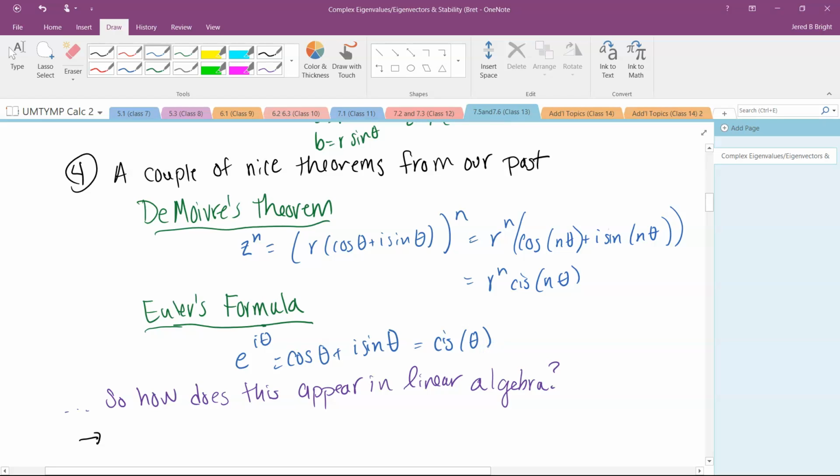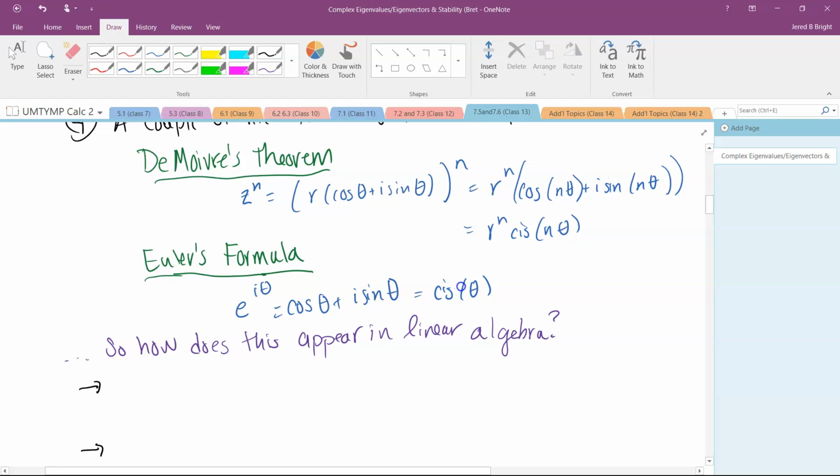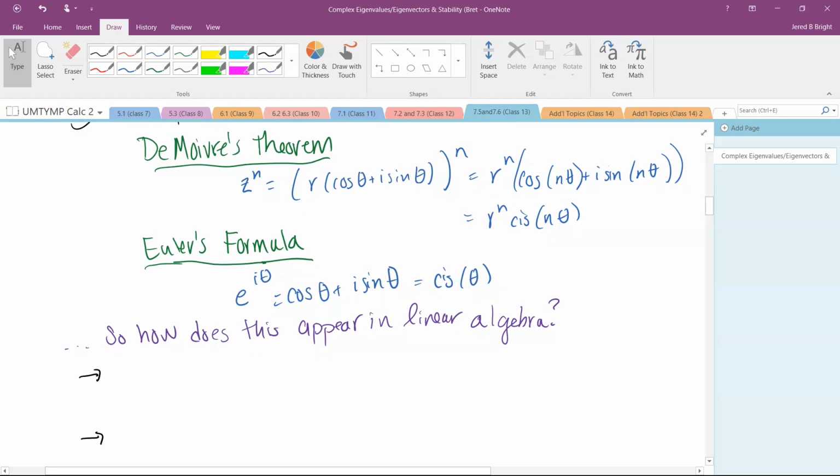So now the next question is, why and how is this relevant in linear algebra? Well, there are kind of two things. Matrices can have complex eigen stuff: eigenvalues, eigenvectors, eigenbases, and so on. I just don't want to write out all of those.